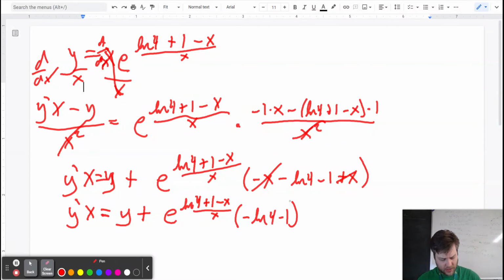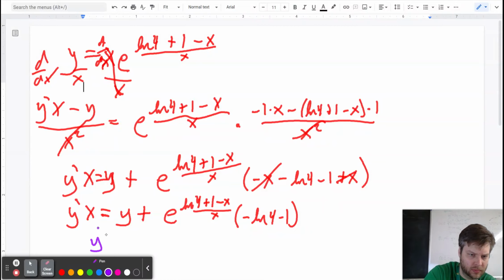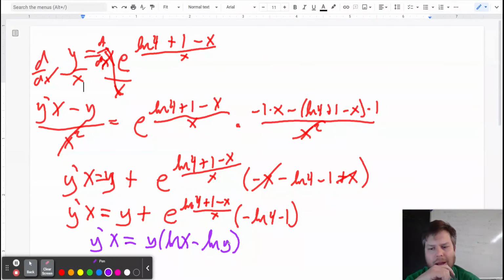And what the textbook claims is that this is equal to y prime x equals y times natural log of x minus natural log of y.